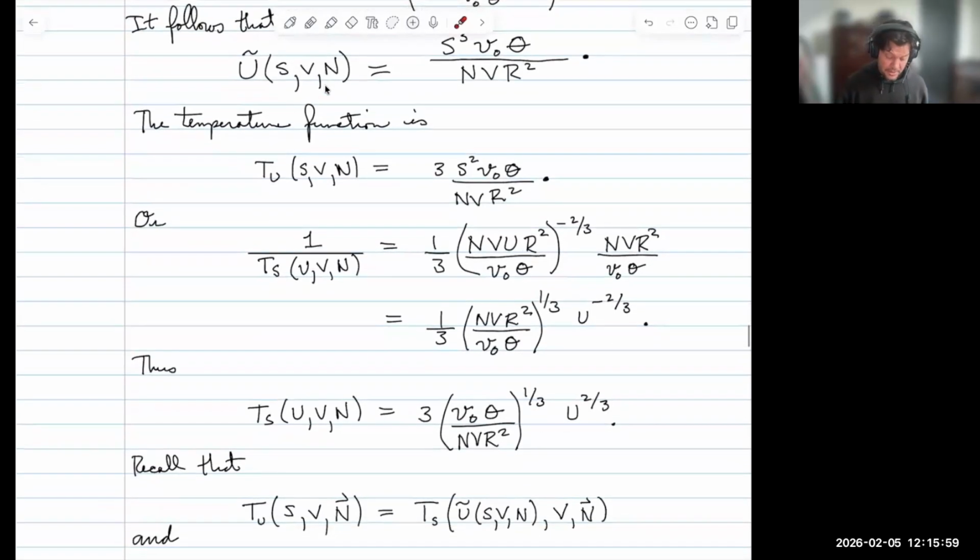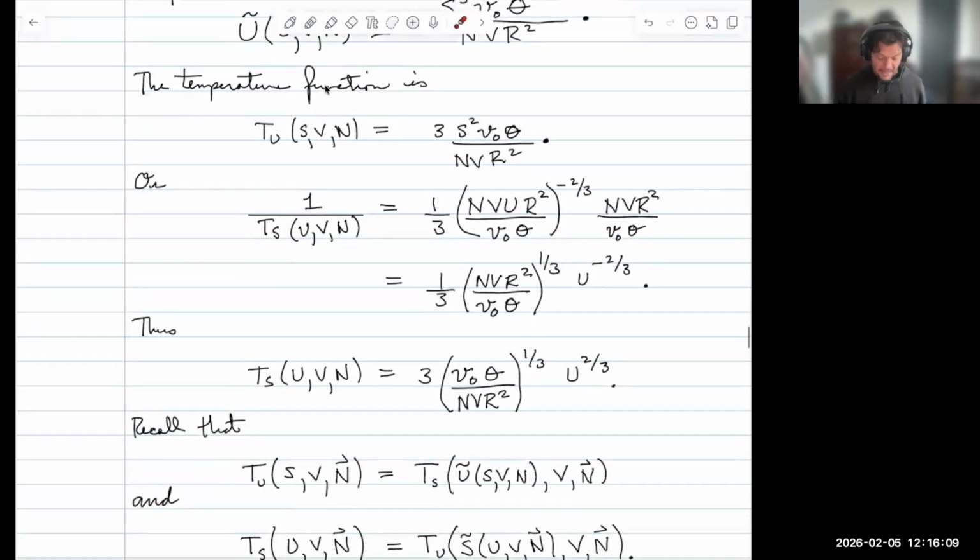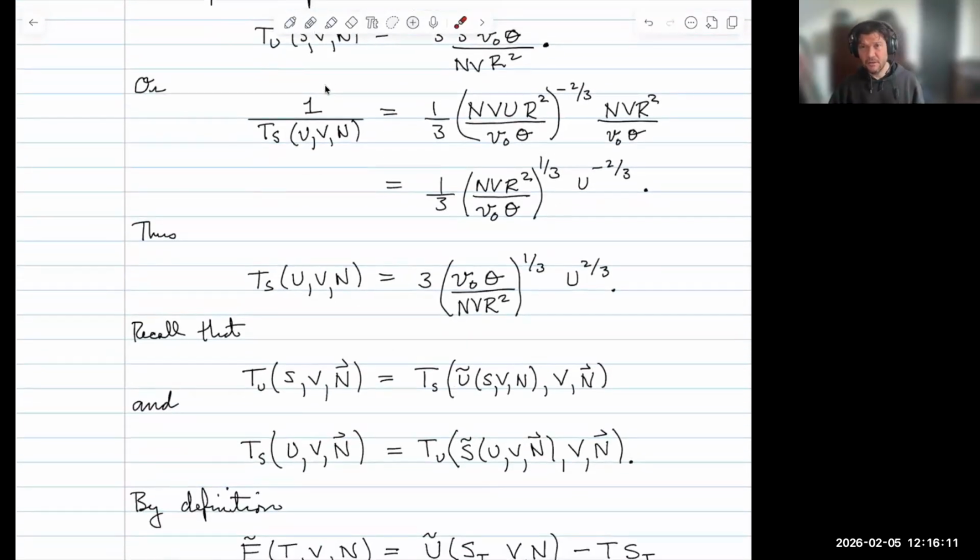I can also calculate the temperature by taking the derivative of S with respect to U and inverting. That gives me the entropy version of the temperature. We've done this calculation a few hundred times now. But what I do want you to do as you read through the notes is check these things so that it all makes sense. Make sure I'm not coming up with any silly errors.